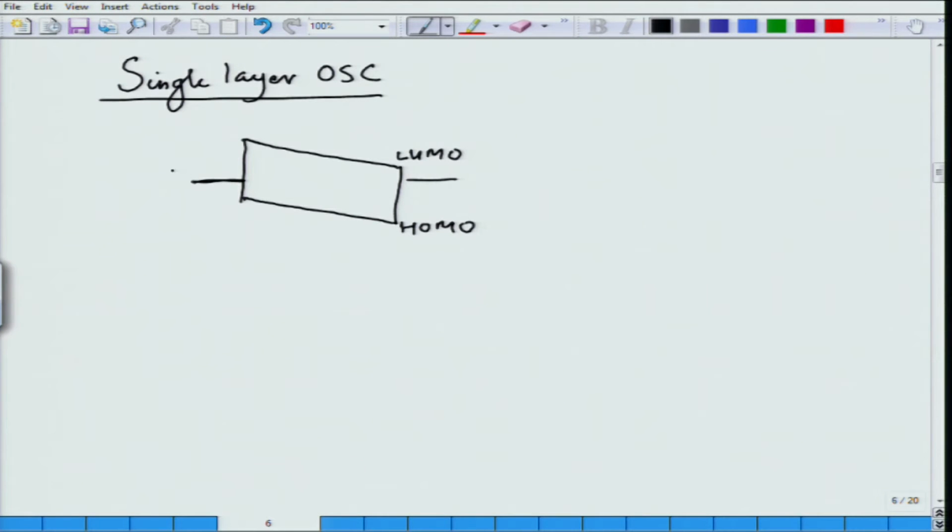If I shine light, and let this be my transparent electrode, it is possible for me to have the anode as a transparent anode, which is the case we have been discussing so far, where we use the glass-ITO combination for the anode. But recently there are many more papers where they use the cathode as the transparent electrode rather than the anode.